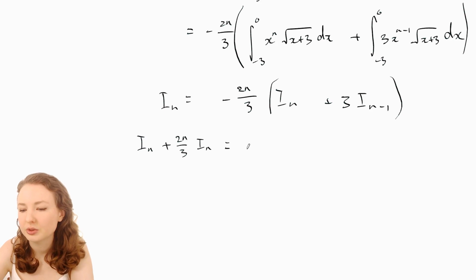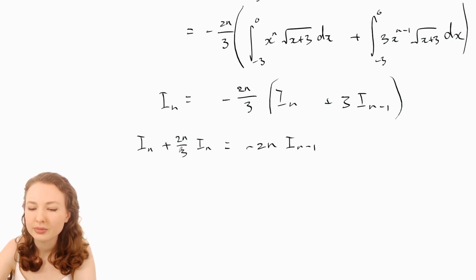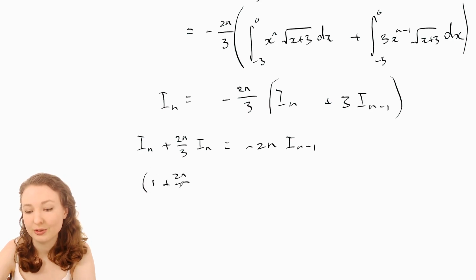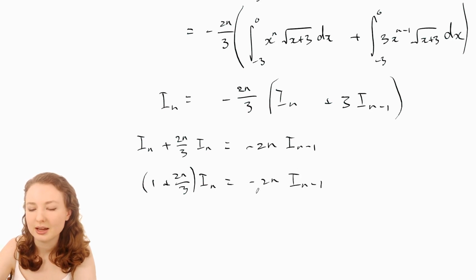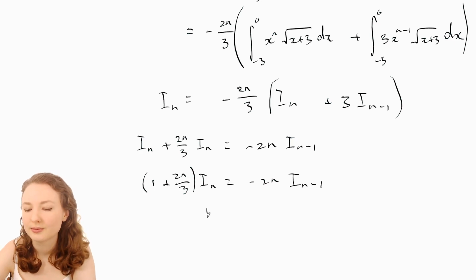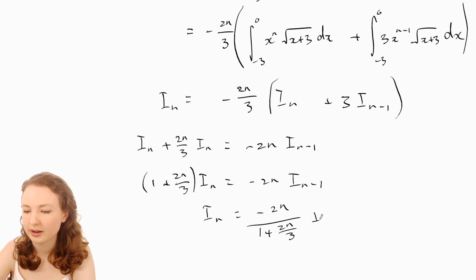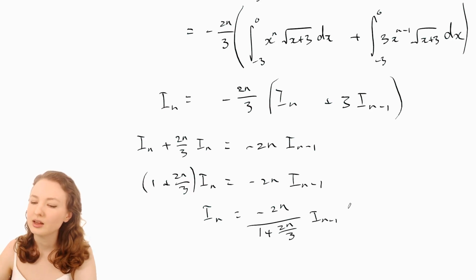The 3's are going to cancel and you get negative 2n I_(n-1). And then this is 1 plus 2n on 3 I_n equals that. And then we can just shift that over: negative 2n on 1 plus 2n over 3 I_(n-1).